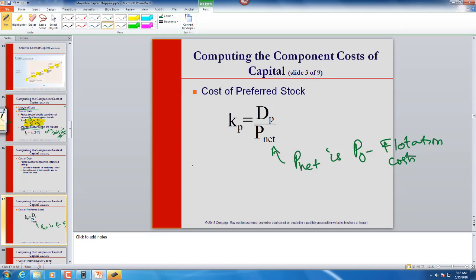For example, they are placing the preferred stock for 100 and they tell you there is a 3% flotation cost on this. So actually P net would be 97, because it is 100 minus 3% of 100, which is 3, so 97. So basically flotation costs increase the cost of any source.